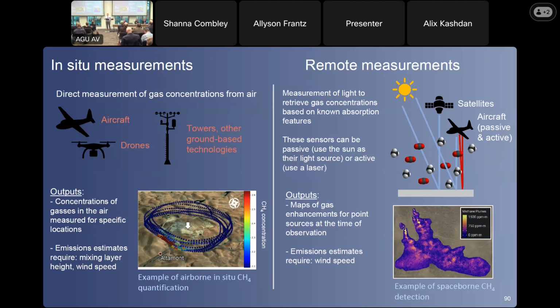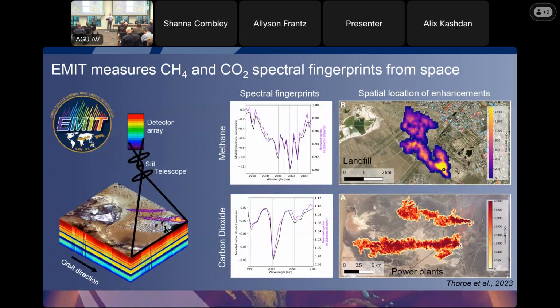Next slide, please. I did want to talk a little bit about the EMIT instrument. This has been on board the International Space Station since July of last year. It has a wide field of view, 80 kilometers across, with a 60-meter spatial resolution, to allow us to map out methane and CO2 point sources. How do we do this? Well, there are distinct absorption features present in the shortwave infrared.